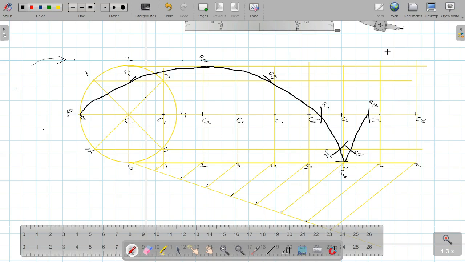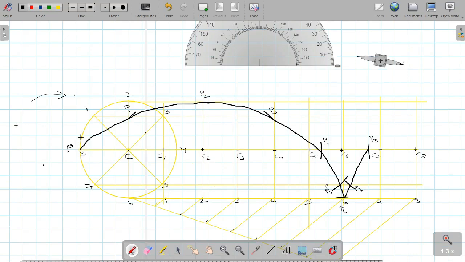So this completes the construction of a cycloid when point P is towards the left of the circle on the circumference. Now generally they ask the question, name the curve which we have drawn. So as it is a path traced by the point P on the circumference of the circle which is rolling without slipping, the curve traced will be a cycloid. So we'll name the curve as cycloid.